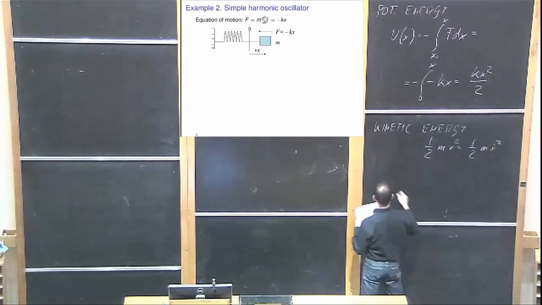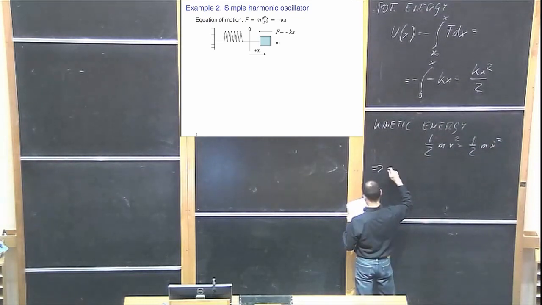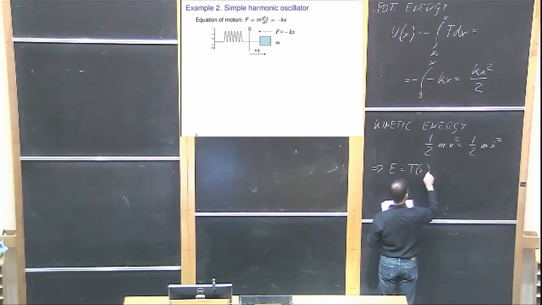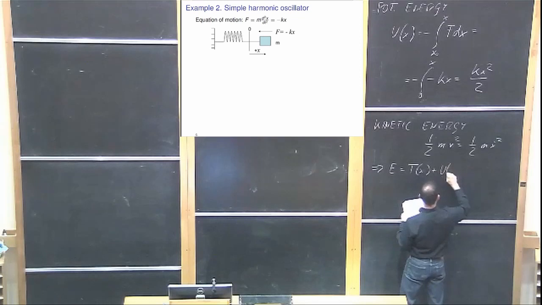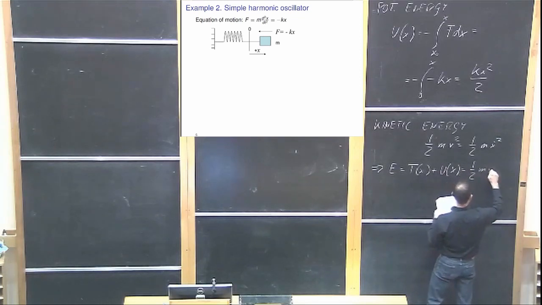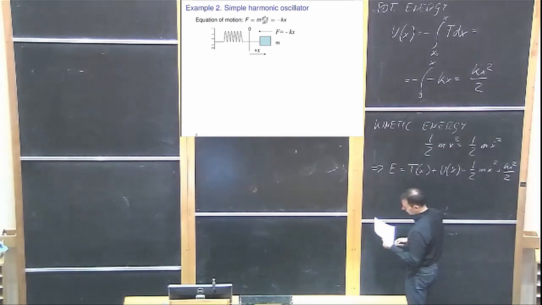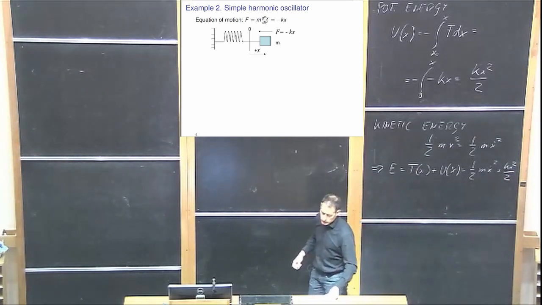So the total energy, if we just add them, it's E equals T(x) plus U(x) equals 1/2 m x dot squared plus kx squared over 2. So this is the total energy of the system.